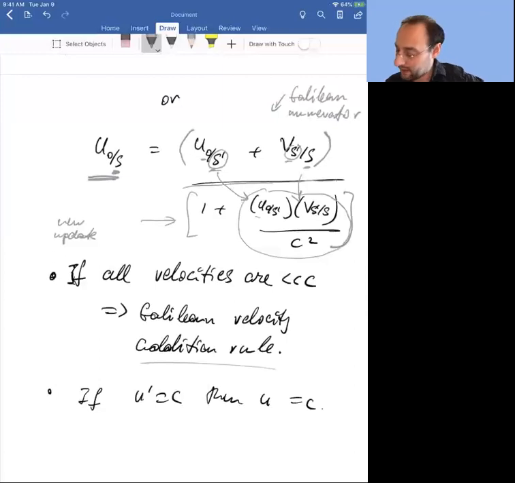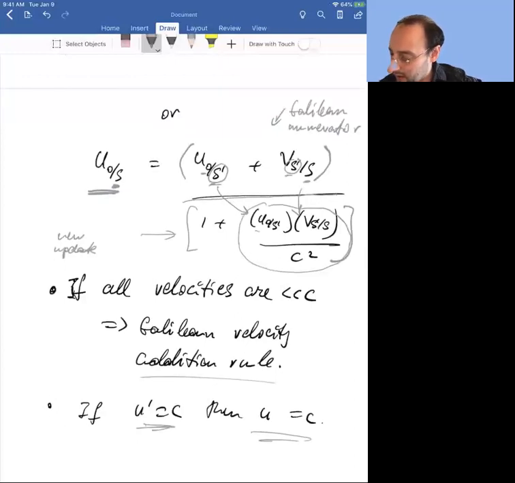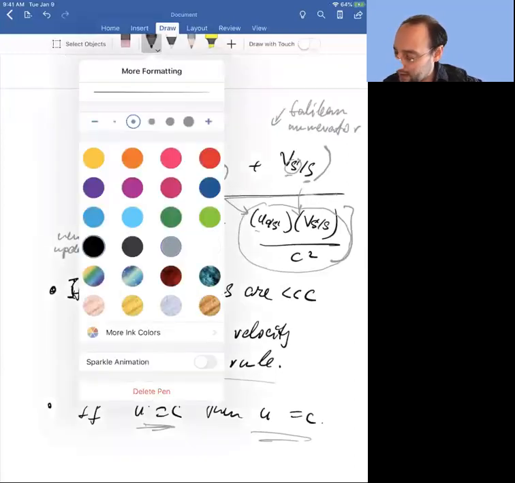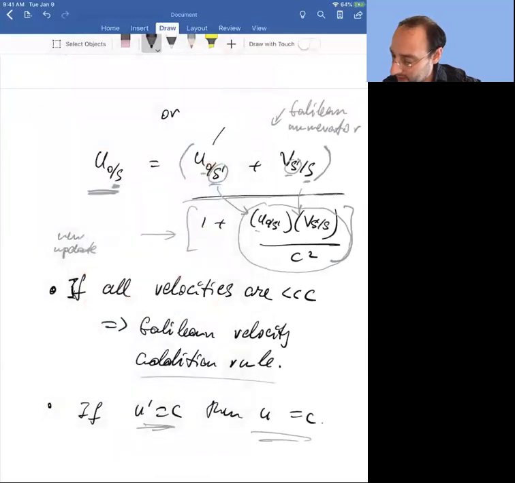Point number 2. If either u prime or v is equal to c, you get c back. So for example, if u prime equals c, just try it, just substitute, and you will see that u automatically comes out to be c.